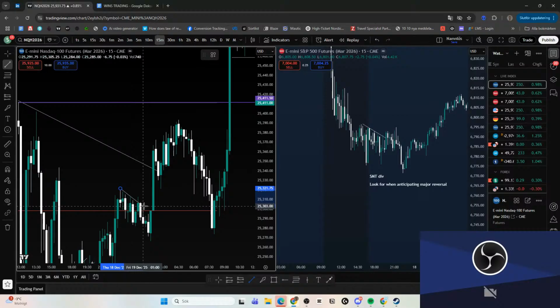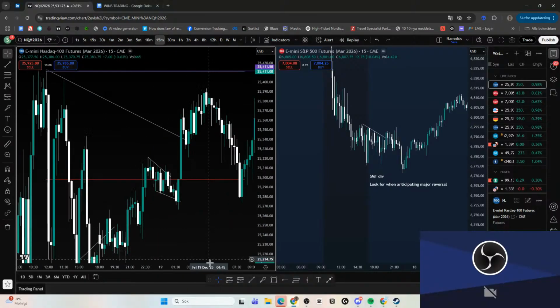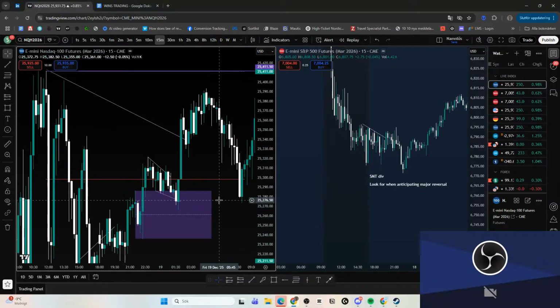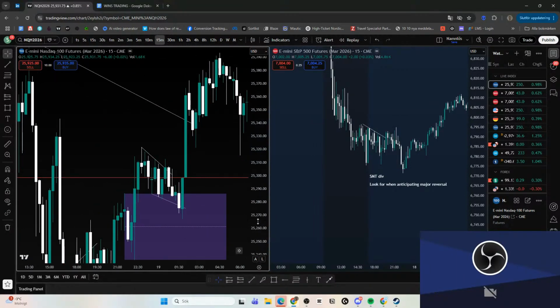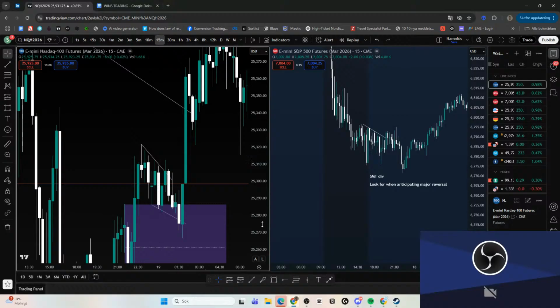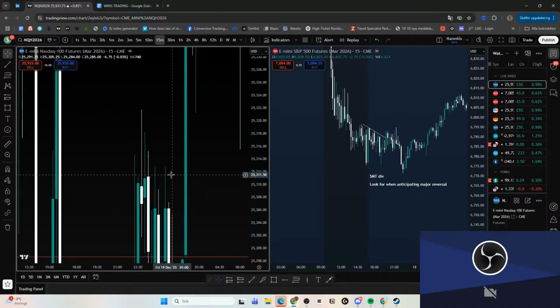This one is pretty clean. Like these, I just love these setups here. And it's bouncing from more. I mean, this is just so beautiful here. I think this is what I'm looking for. A break above.